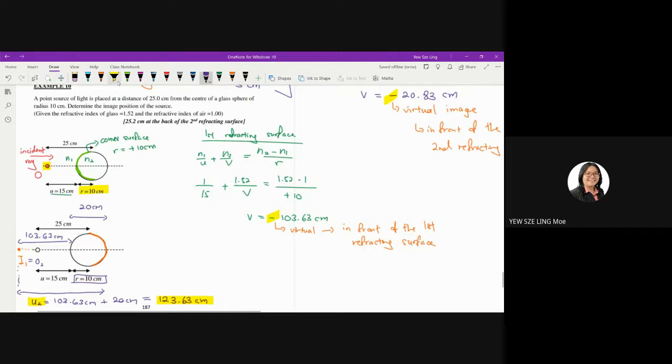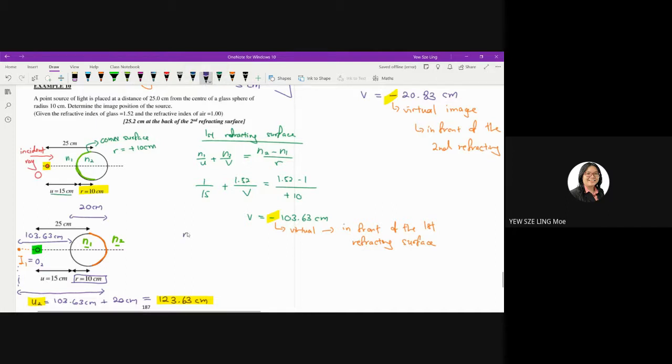When it comes to determining the positions of N1 and N2, you have to look at the original object. The original object is on the left-hand side. So here is N1 and here is N2, because of the position of the original object.